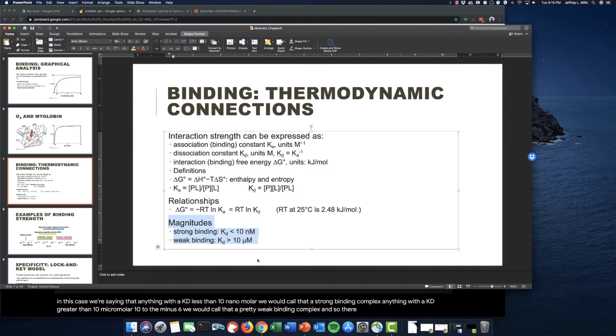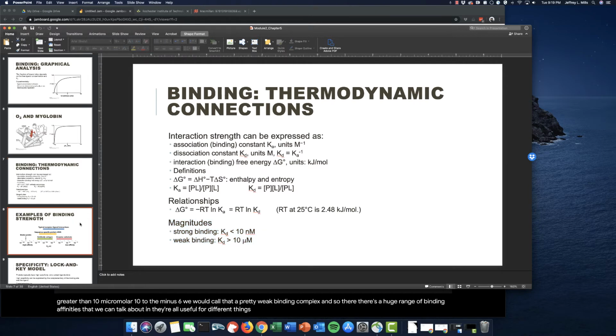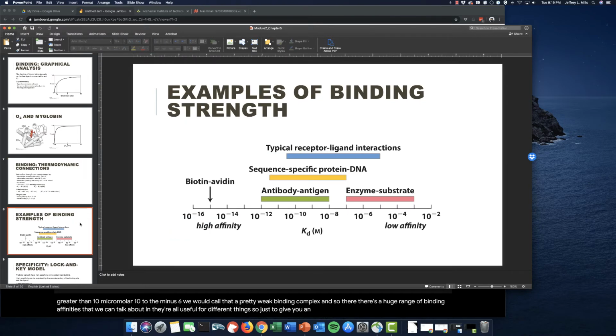Right, so there's a huge range of binding affinities that we can talk about, and they're all useful for different things. So just to give you an example, we can talk about enzyme substrate binding. That ranges typically in the micro to millimolar, so 10 to the minus third up to 10 to the minus 6, somewhere in that range.